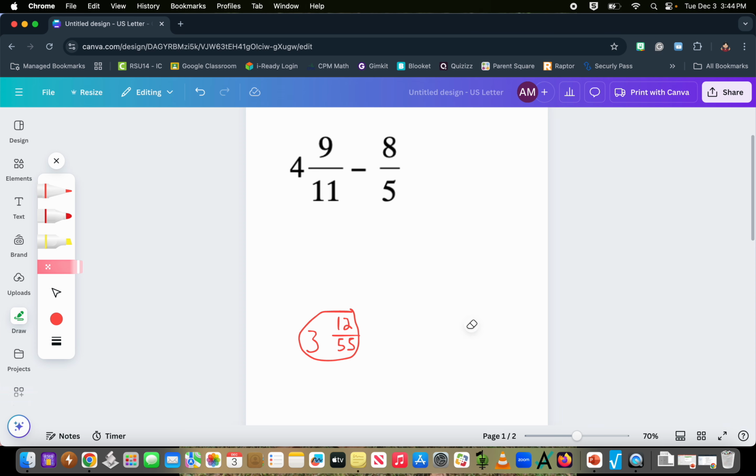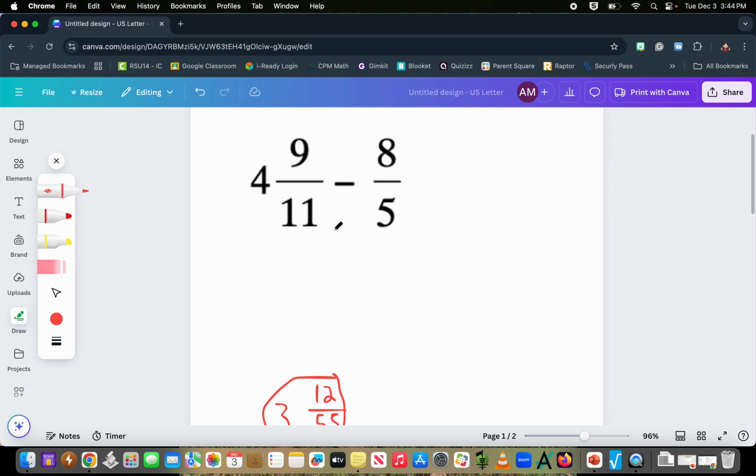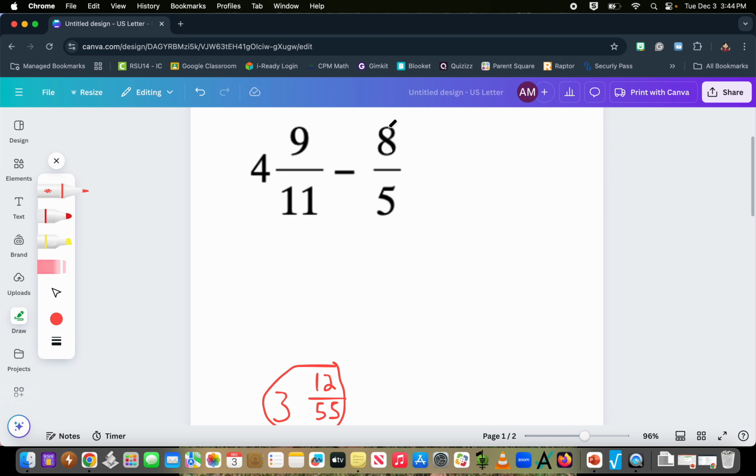So when we look at splitting apart our whole numbers from our fractions and solving that way, what does that look like? Well, if I go up here, I see 4 and 9 11ths. So I'm going to put my 4 here for now and focus on just the 9 11ths minus the 8 fifths.